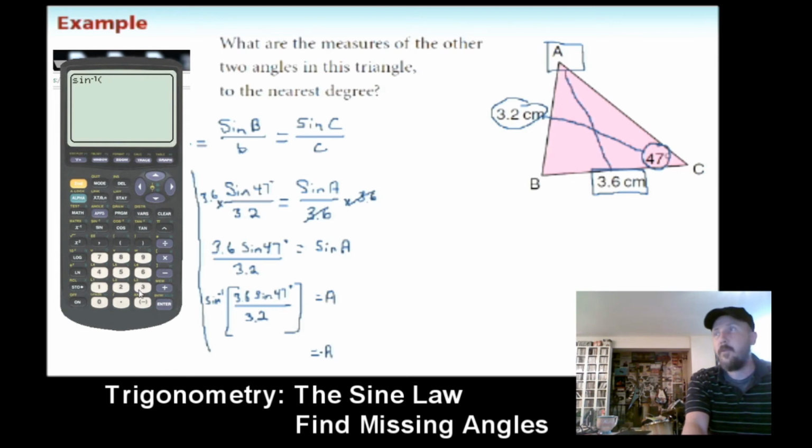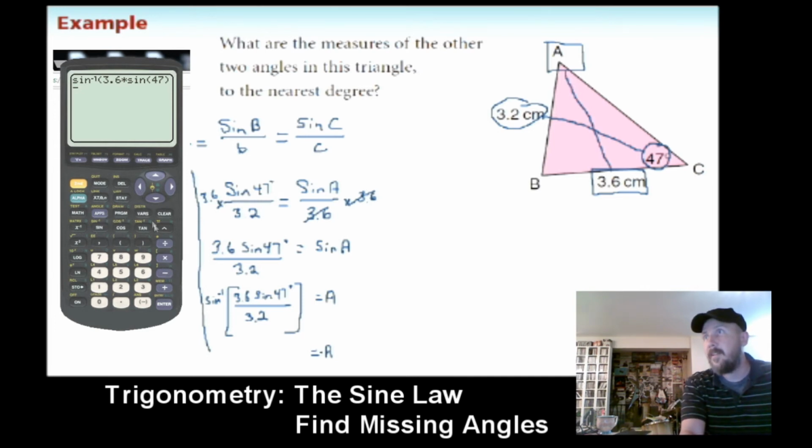So I'm going to do 3.6. Now, before I even calculate this answer, I'll say it right before I hit enter. We can say times sine 47. We got to close that bracket because otherwise we got a bunch of open brackets going on here.